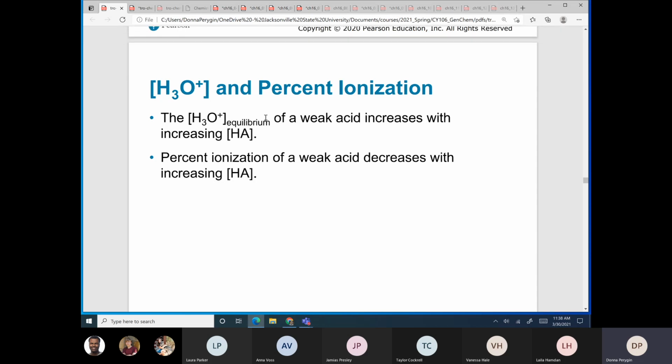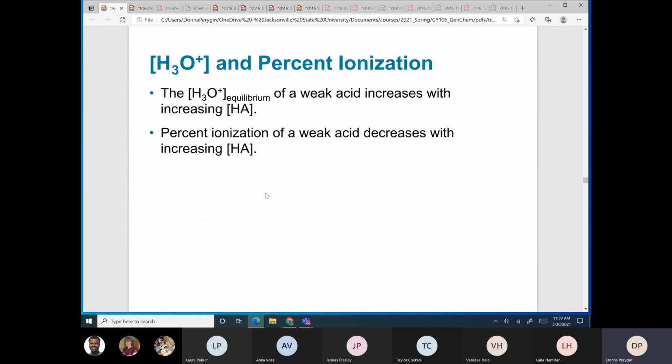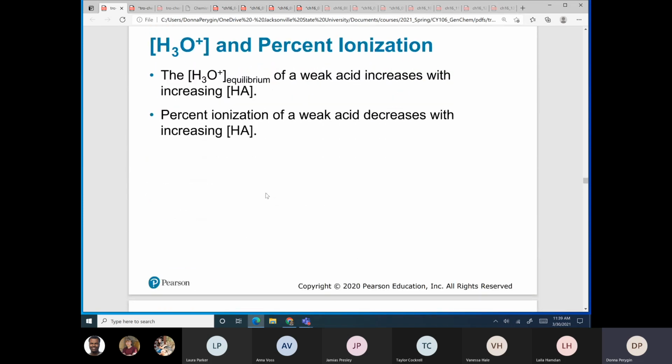So the hydronium ion concentration of a weak acid increases with increasing acid concentration. Okay, but the percent ionization decreases with increasing acid concentration. So let's look at what that's actually trying to say.